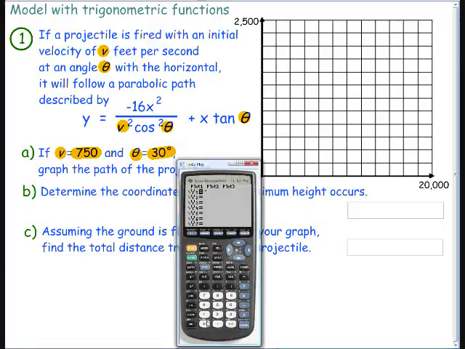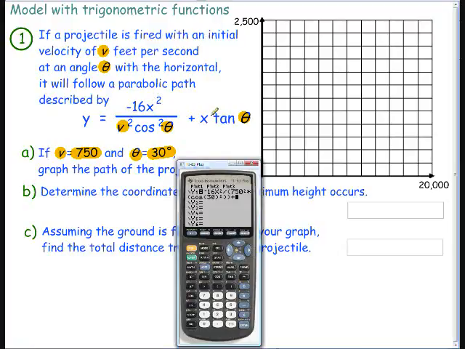We have a negative 16x squared divided by, and I better put parentheses around this, v squared, and that's 750 squared times, I think I'll use parentheses again, cosine of 30 degrees, and we're going to square that, and that's all of my denominator, plus, and I'm going to use my variable again.